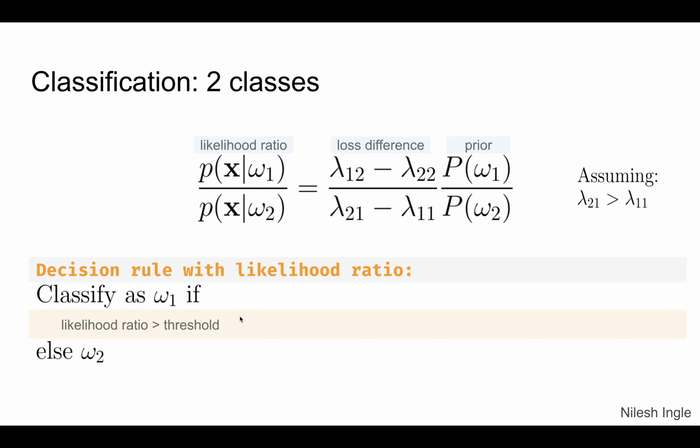So we can have a preset threshold, and if the likelihood ratio is greater than that threshold, then we classify that data point or sample as belonging to class omega 1. This is under the assumption, shown on the right hand side, that the loss for the correct class is always less than the loss for the incorrect classification.